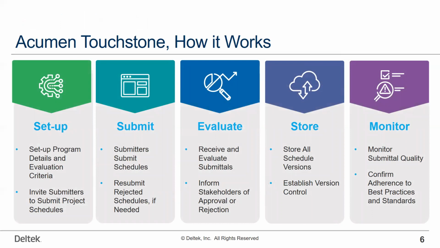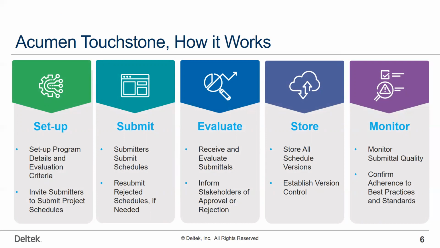As Touchstone is new, I would like to spend a few minutes just discussing how it works. With Touchstone, schedules are submitted to you through a portal according to delivery deadlines and parameters that you establish. Upon submittal, those schedules are automatically evaluated utilizing metrics that you've identified in advance.